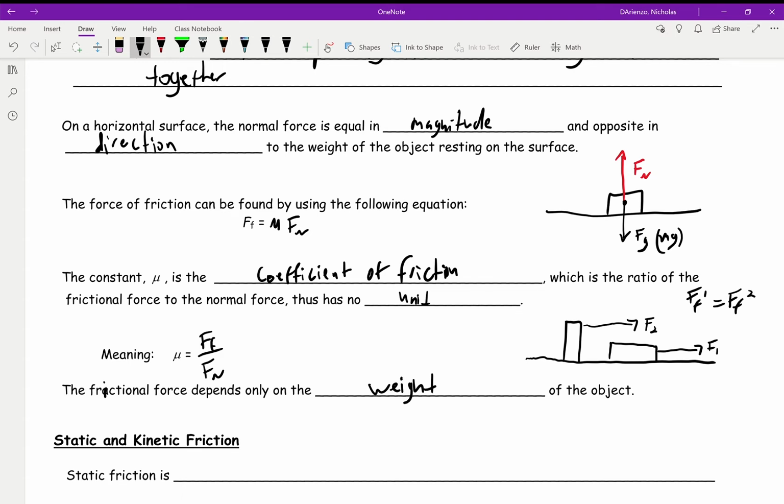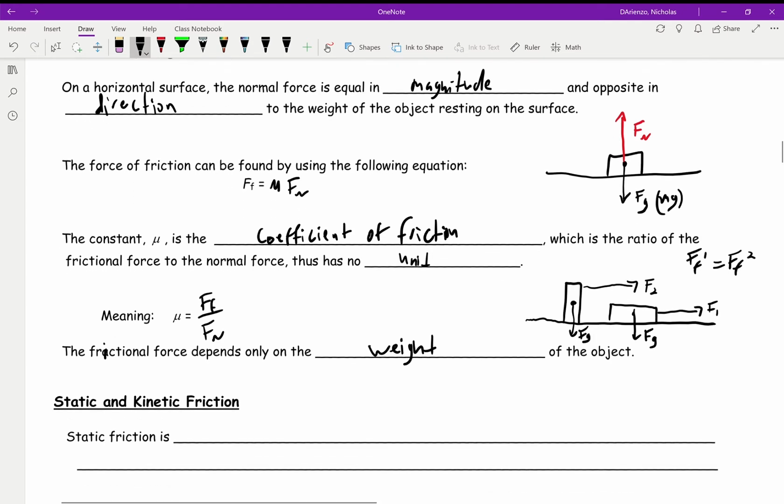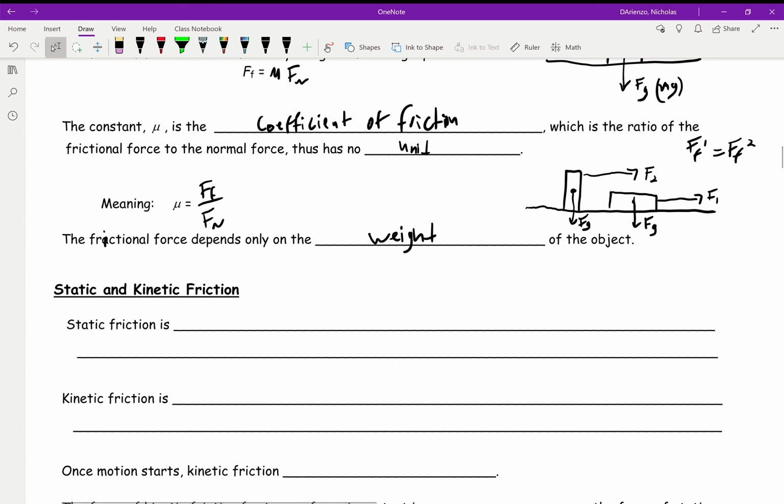So it's not going to matter how this block is laying, because what is constant between these two blocks is its force due to gravity, or its weight. And that's what's going to keep this frictional force the same. So we're really concerned about the weight here when dealing with friction. And we saw from our lab that we're going to be dealing with two different types. At least we'll talk about two different types today.